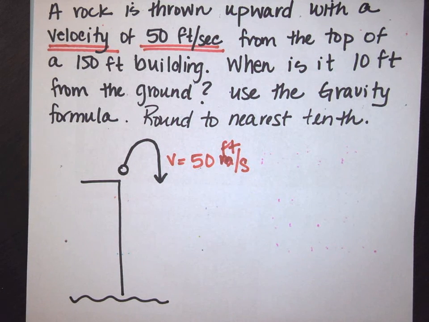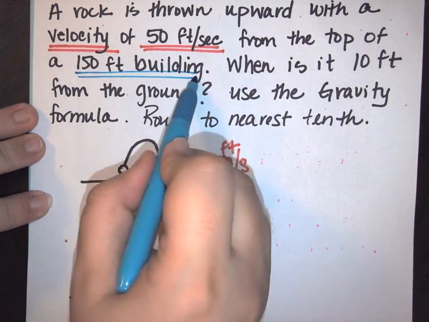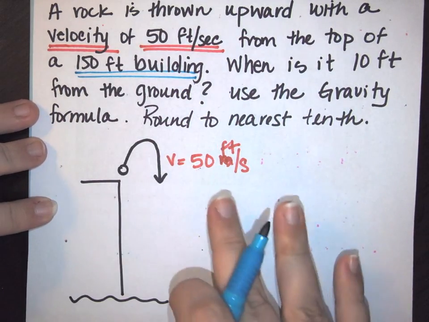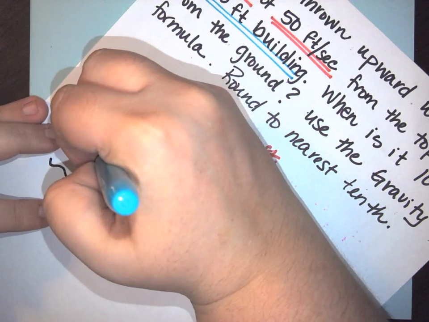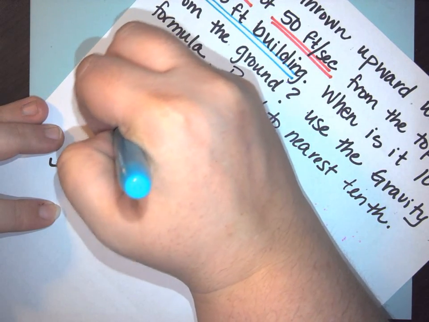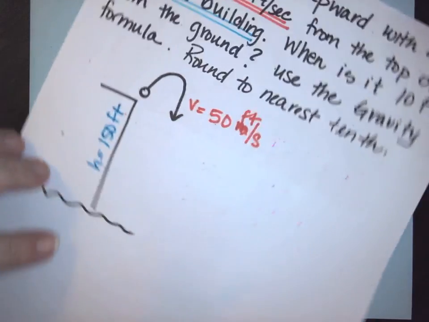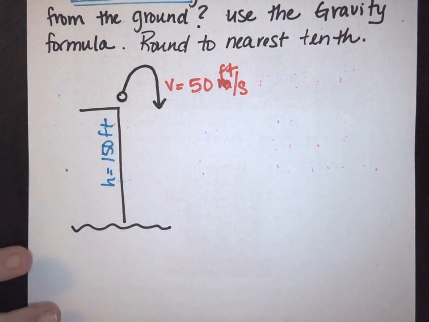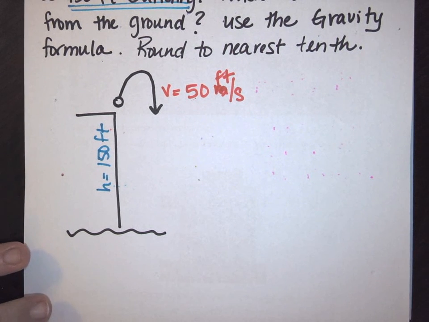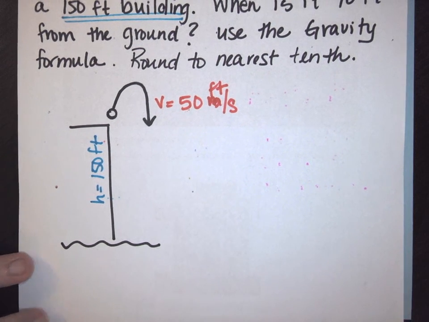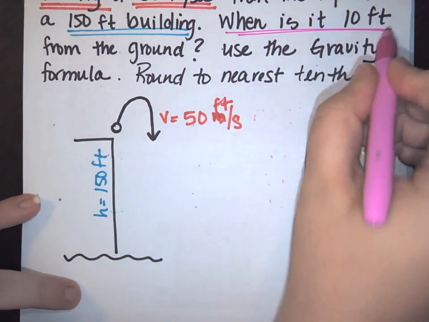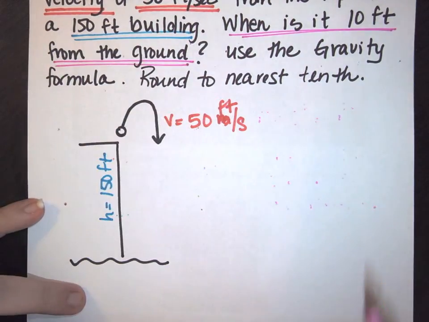Now the other thing that we know is that the building has a height of 150 feet. So here, if we look at it, my height is going to be 150 feet. That's how tall the building is. Now, the last thing that we know is that we are looking for being 10 feet off the ground.